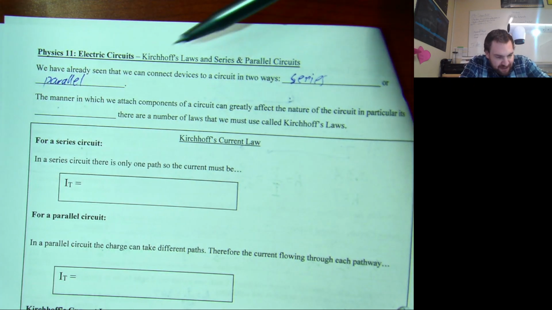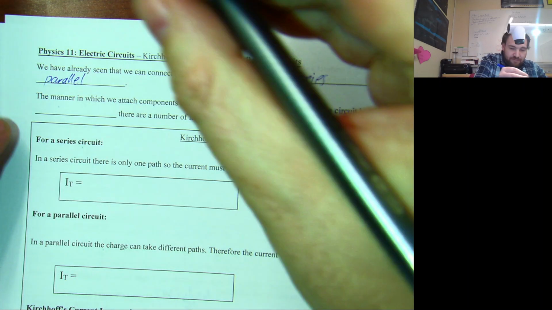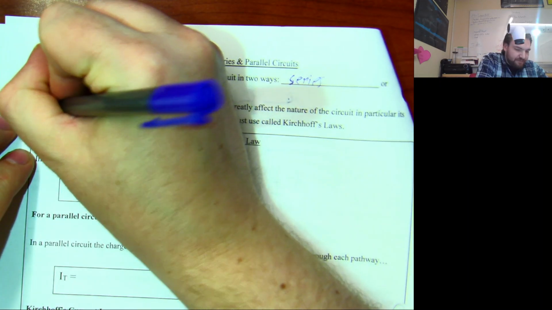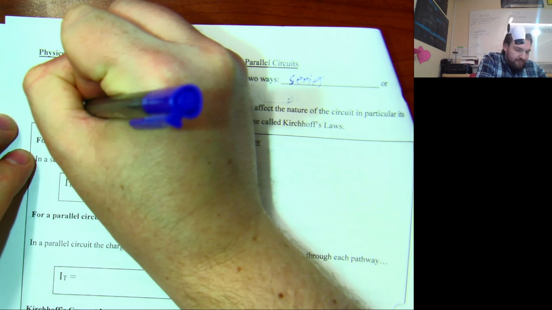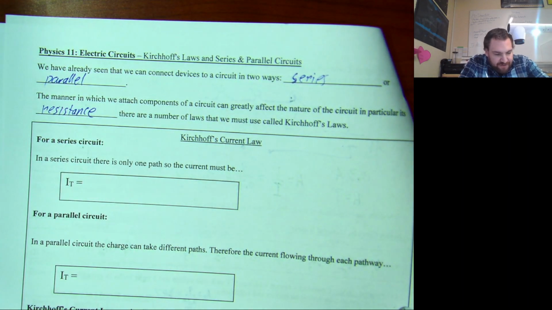The manner in which we attach the components of the circuit can affect the nature of the circuit, in particular, its resistance. There are a number of laws that govern all of this, and we call these Kirchhoff's laws. The Russian physicist put these together for us.